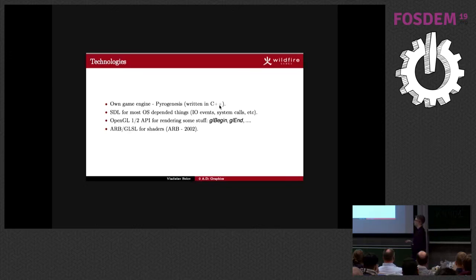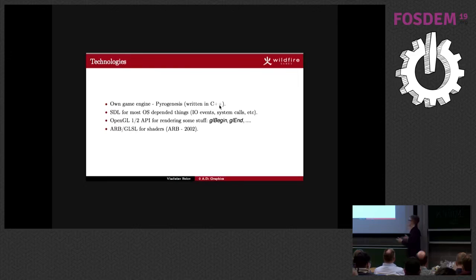The main thing is that we still use the OpenGL 1 and OpenGL 2 API. Yes, it's not modern, but we still use it because, as I said on the previous slide, it's pretty old. So we have to support these two versions: OpenGL 1 for people who don't support the OpenGL 2 API. In some places we use pretty old code like glBegin, glEnd.